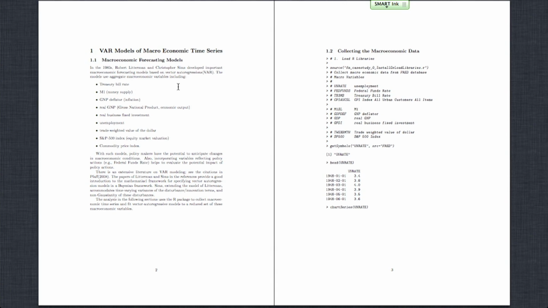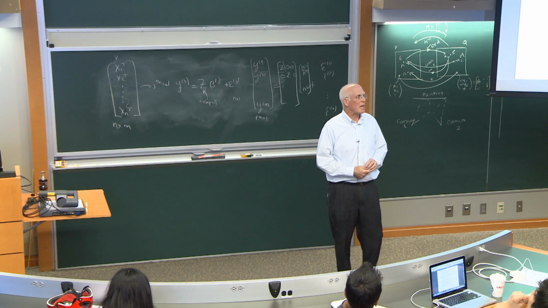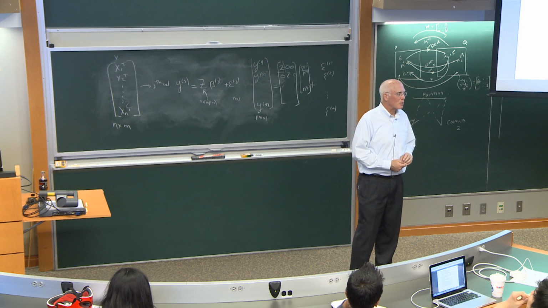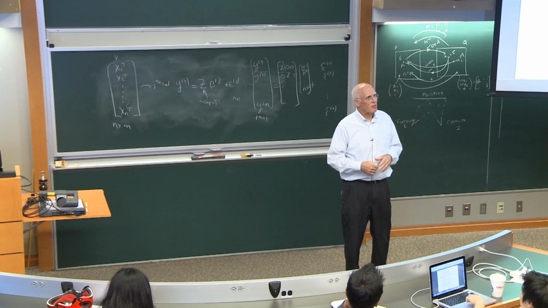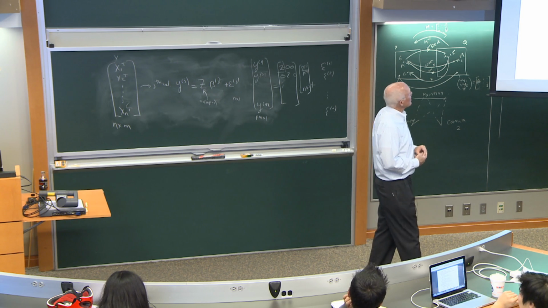There were some really important papers by Robert Litterman and Christopher Sims dealing with fitting vector autoregression models to macroeconomic time series. And actually the framework within which they specified these models was a Bayesian framework, which is an extension of the maximum likelihood method where you incorporate reasonable prior assumptions about what the parameters ought to be.